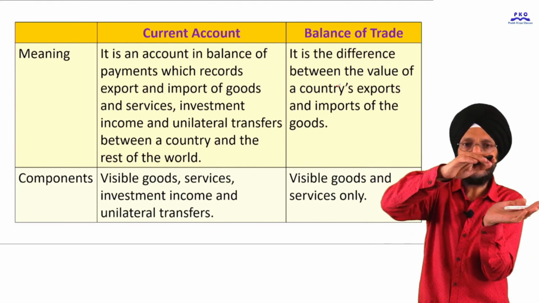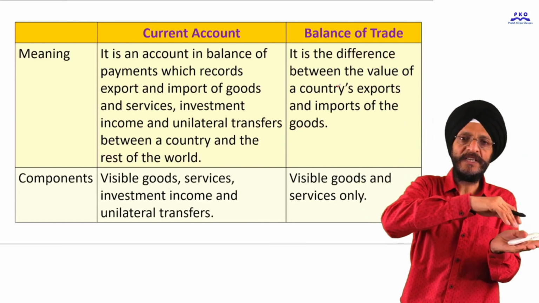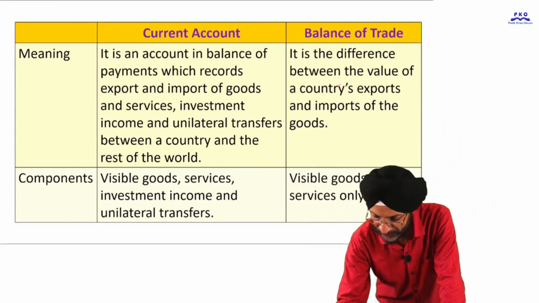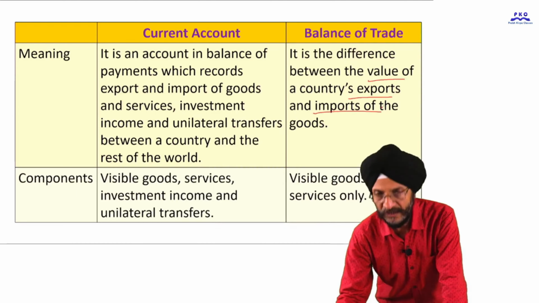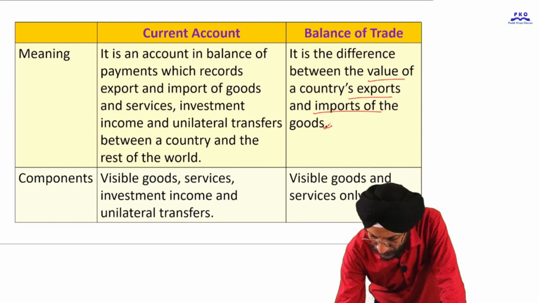And all these transactions are recorded when they take place between the residents of a country and the rest of the world. On the other hand, balance of trade is the difference between a country's exports and imports of goods and services.